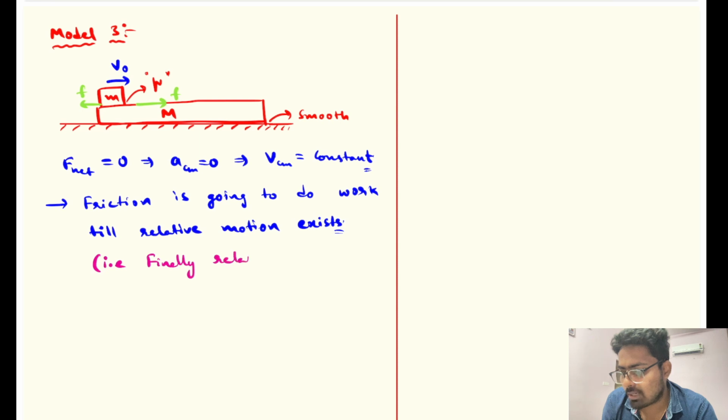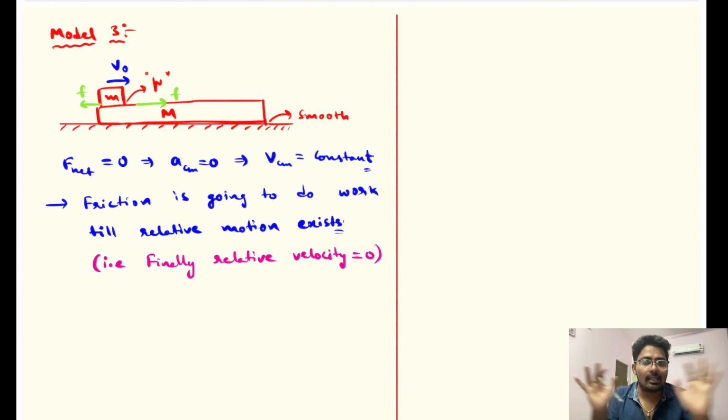Finally, very very important, this also will be solved within one step. Finally, relative velocity equals zero. If relative velocity is zero, whatever the second part is there is gone. What is the second part? Half into reduced mass, which is capital M small m by M plus m, into v relative square.